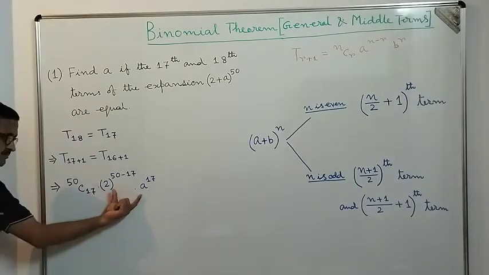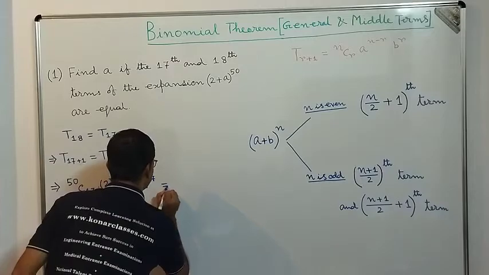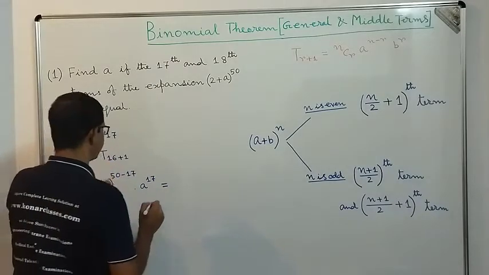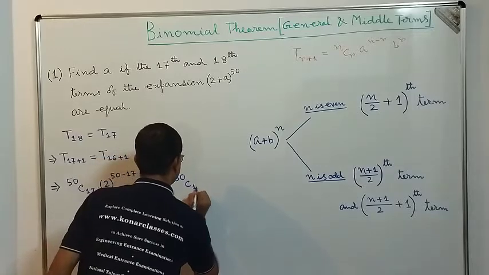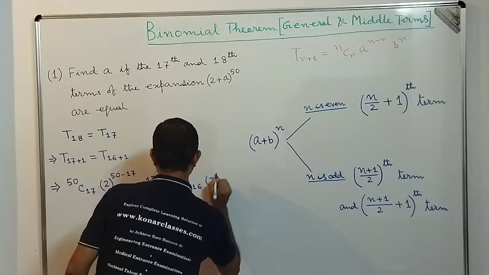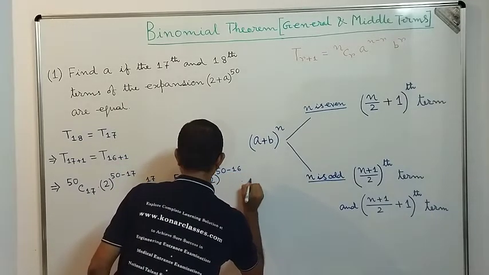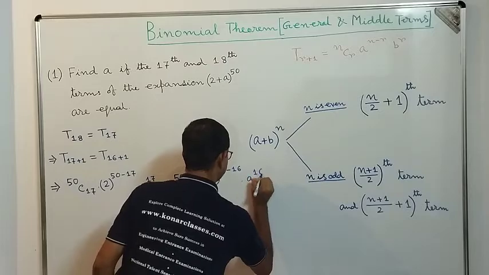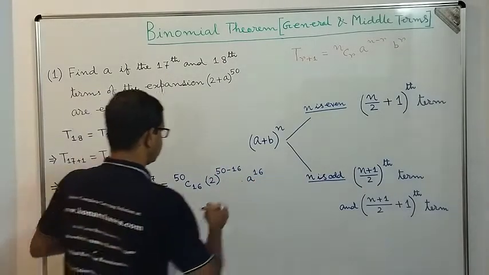That is the T(17+1), that is the T18th term. This is equal to the value of T(16+1), that is equal to 50C16 into 2^(50-16) into a^16. Correct? Let me give a boundary here.